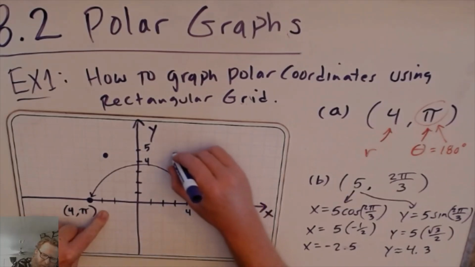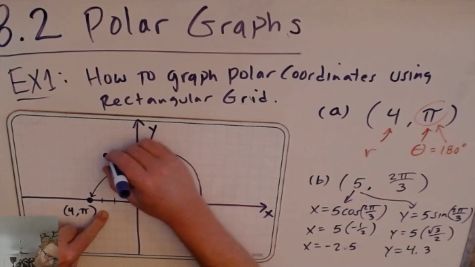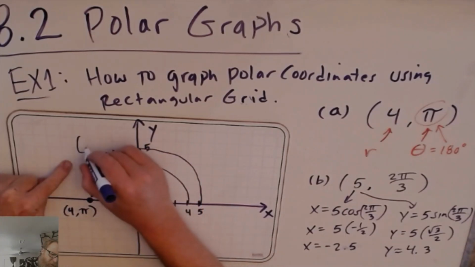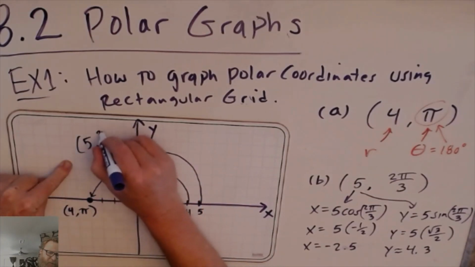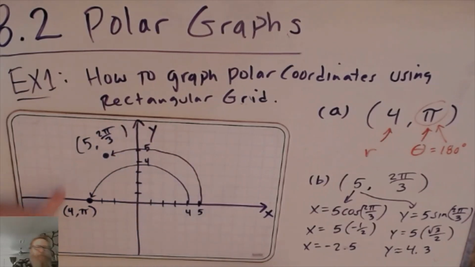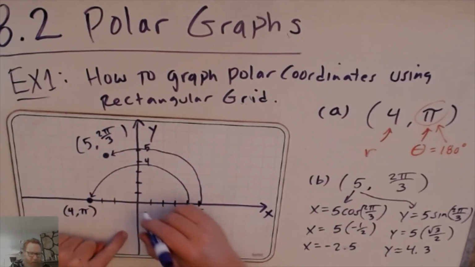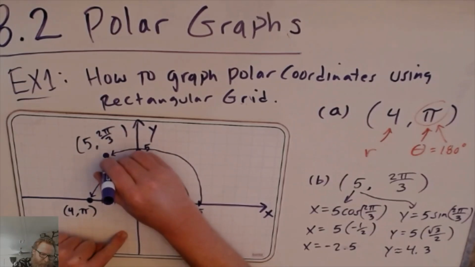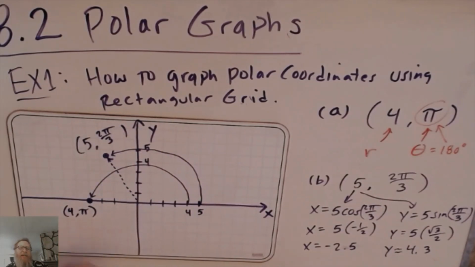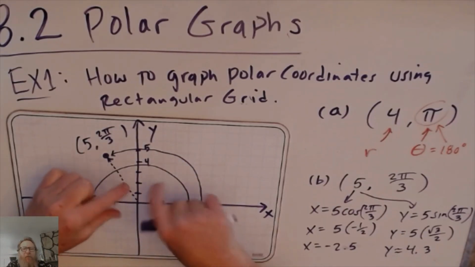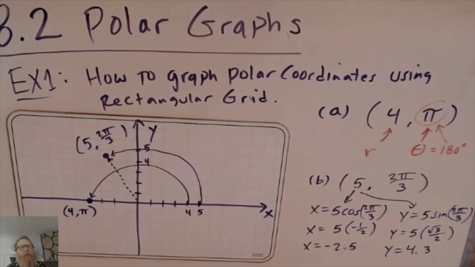So this would be the coordinate 5, 2 pi over 3. That's about 120 degrees. In fact, it's very close. It's probably like 119.5, it's hard to be exact. As soon as you approximate, you're going to be close to 120 degrees. If I took out a little protractor and tried to measure that, I bet you'd be pretty close to 120.